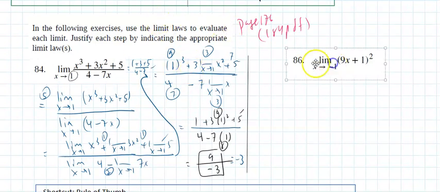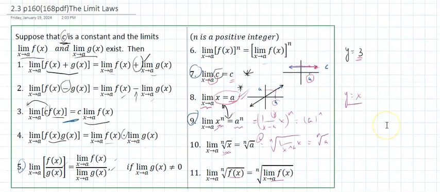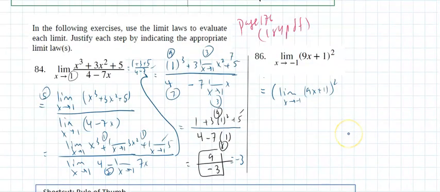Same deal here. For now and for this problem only, we're going to say this is the limit as x approaches negative 1 of 9x plus 1, squared. And what allows us to do that is the power property. And that's going to be the limit as x approaches negative 1 of 9x plus the limit as x approaches negative 1 of 1, and that's the sum property.